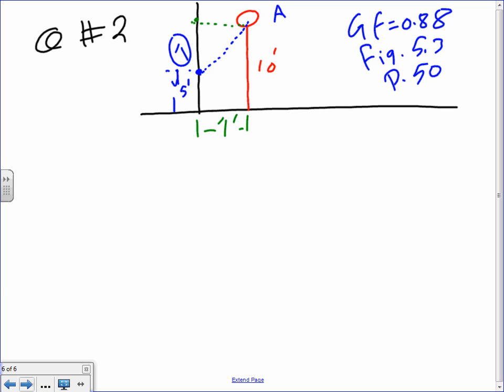Same thing, except I have a distance of 1 foot here, from here to here. Cool. I need to find the contribution on this vertical wall. This is like the face of a switchgear.